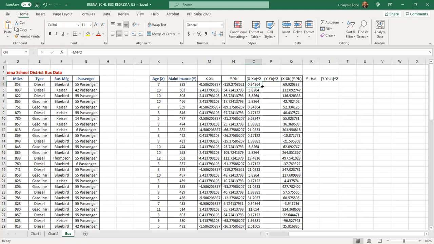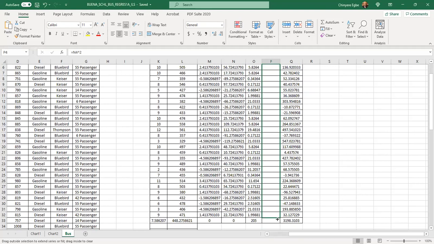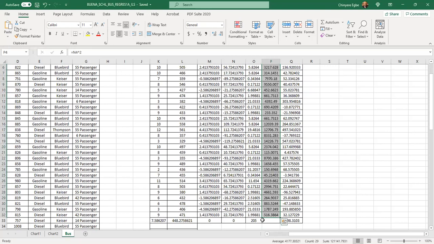So it will be equals, and to the power 2. All right, and so we sum it. We sum it and we get 121,142. All right, so let's go back.